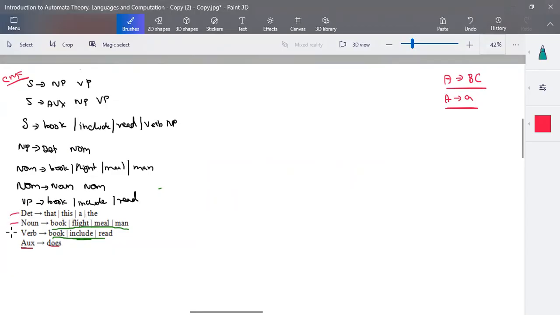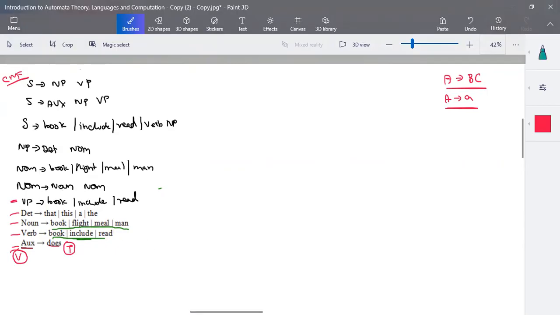Verb tends to book or include or read. AUX tends to does. So a variable tends to a terminal symbol is allowed. And when you expand this VP, it includes book or include or read, so this is also in standard structure.